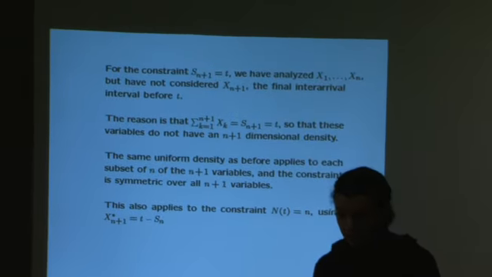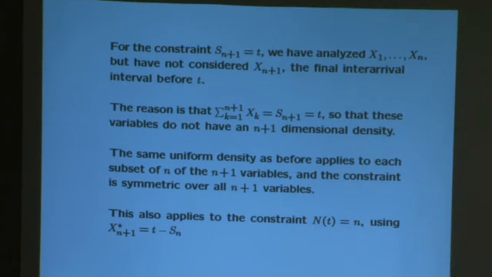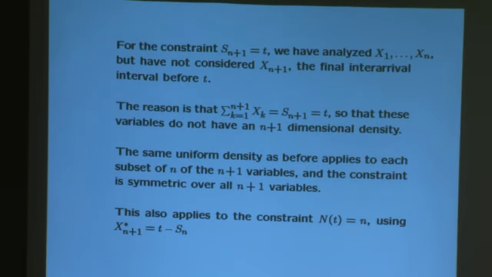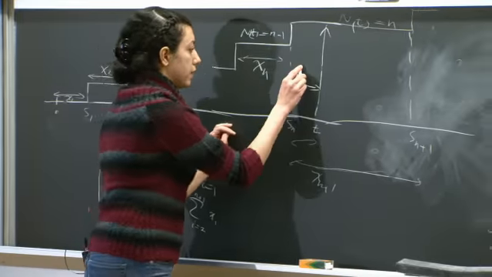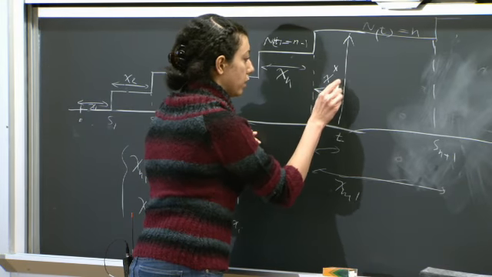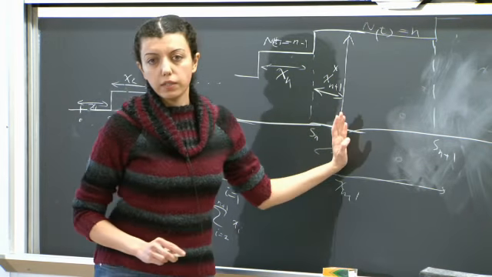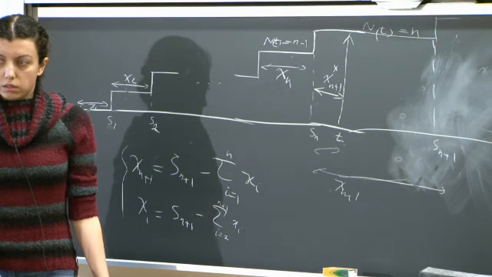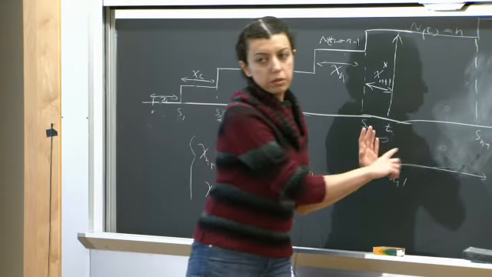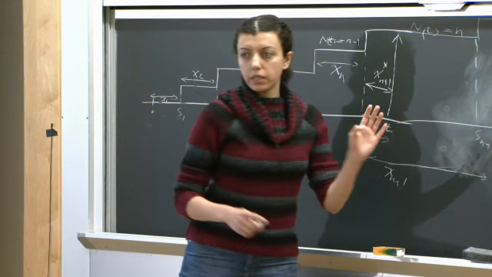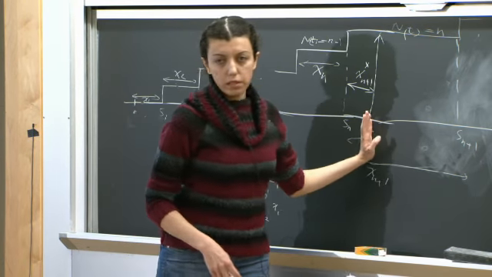Now, the very nice thing is about N(t) equal to n. So this was easy because we had these equations. But what if I call this thing x star of n+1, and I do the conditioning over N(t)? I don't know the arrival time for the (n+1)th arrival, but I know the number of arrivals at time instant t.